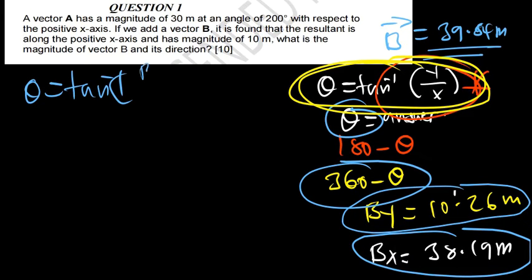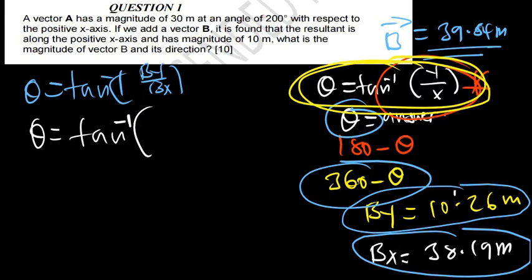So I'll say by divided by bx. Then I'll say theta is equal to tan inverse of by over bx. What is by? By is 10.26, bx is 38.19.